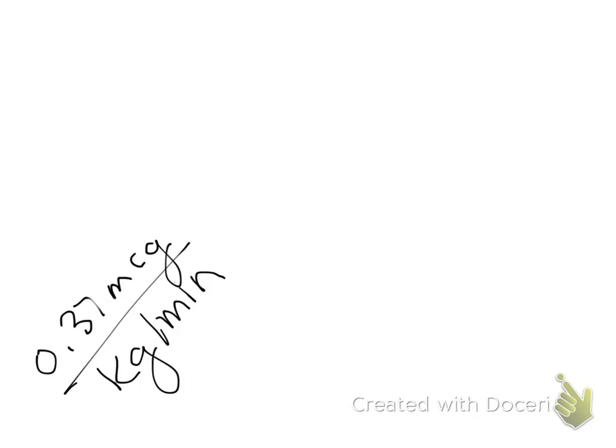I need more white space. And we're going to multiply by the patient's 77 kilograms over X. I'm putting it up here because now we can cross this out, right?